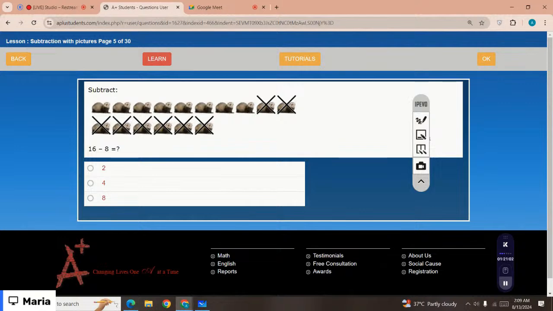The correct option is 16 take away 8 is 8. Option number 3 is the correct option.